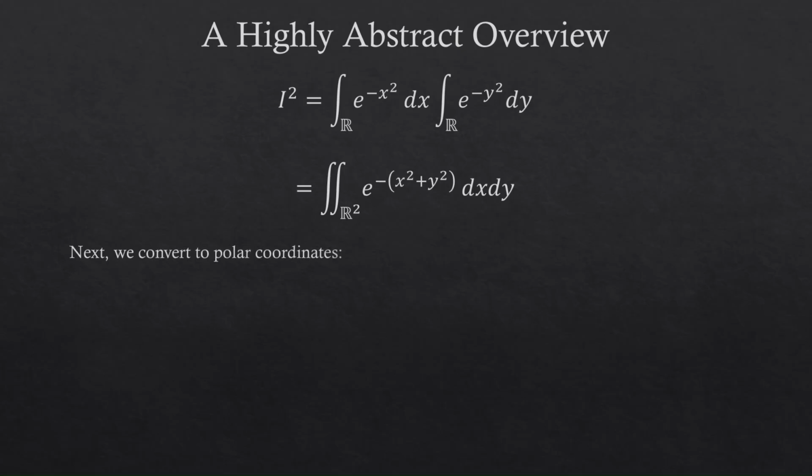Next, we will convert to polar coordinates as is traditional procedure. So I squared becomes the integral from 0 to 2 pi times the integral from 0 to infinity of e to the negative r squared r dr d theta, where r dr d theta is the factor we get for our Jacobian.